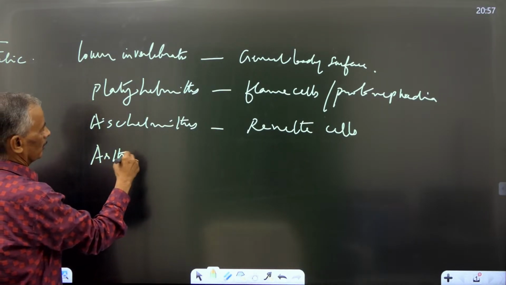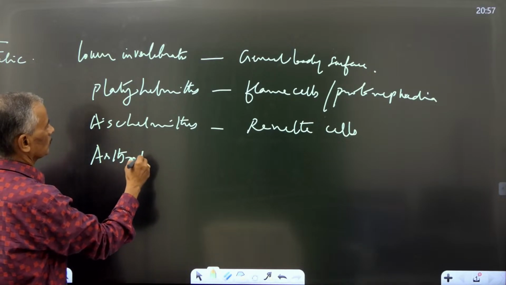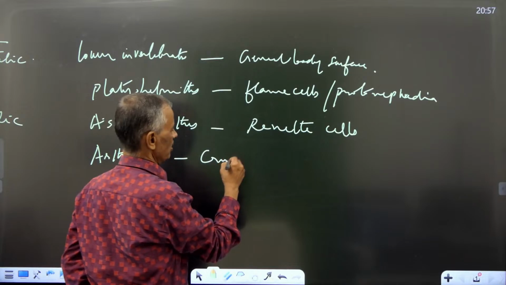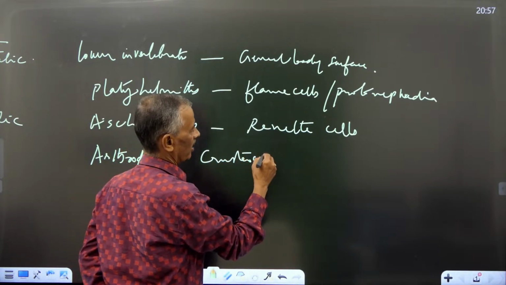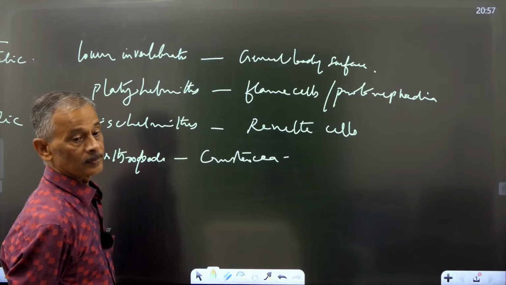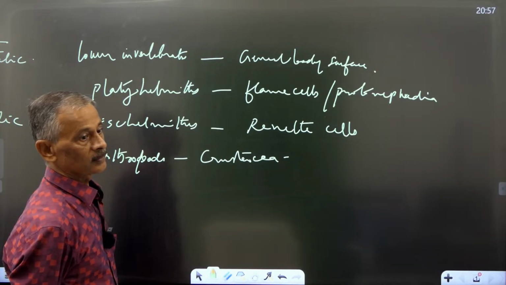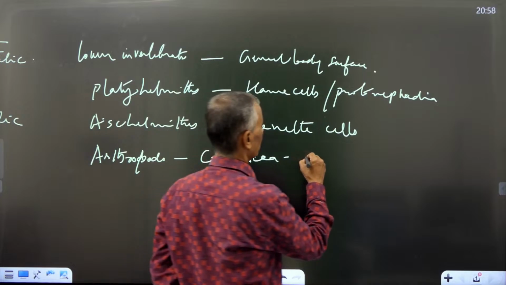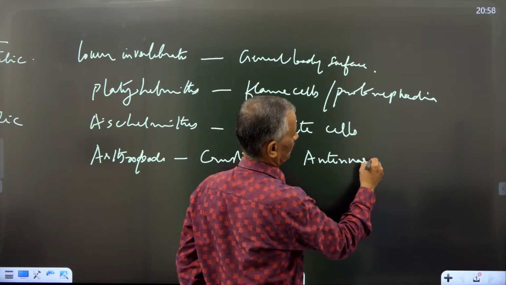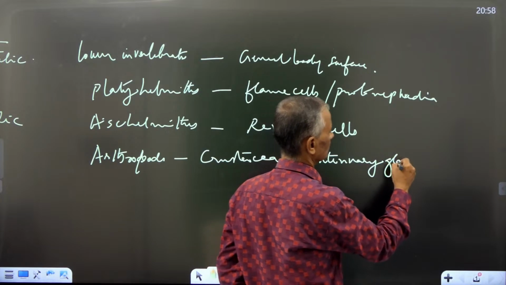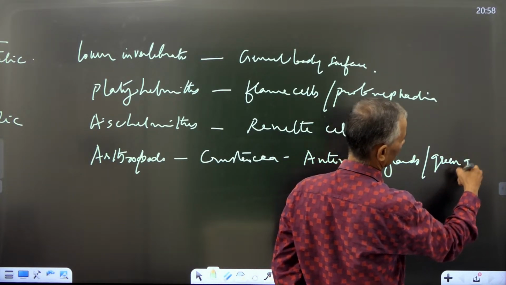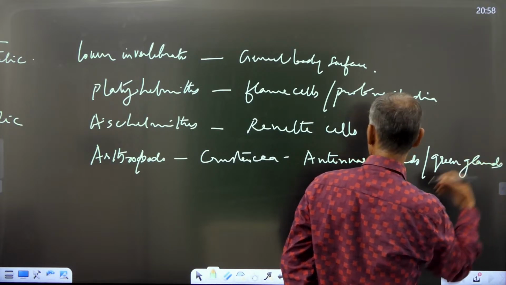Arthropods. Among arthropods, in crustacea, that is crab, prawn, etc., they have antennary glands, also called green glands, for excretion.